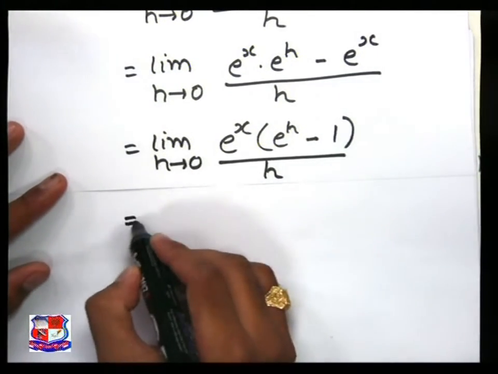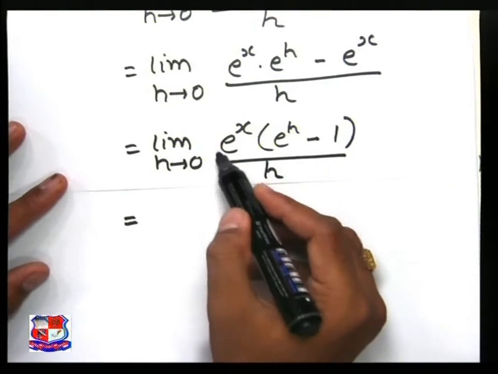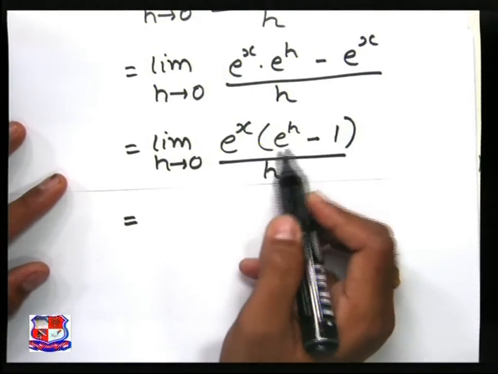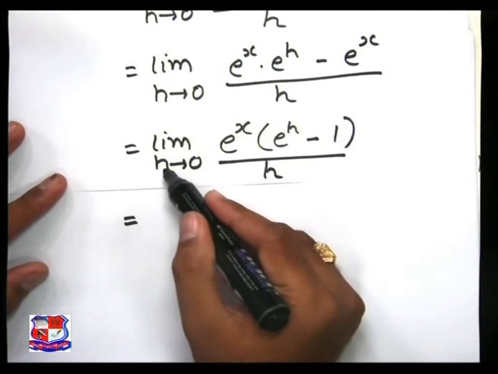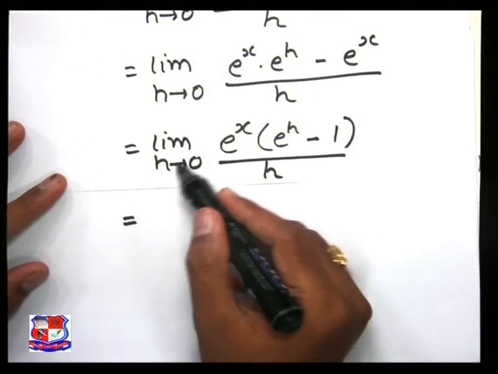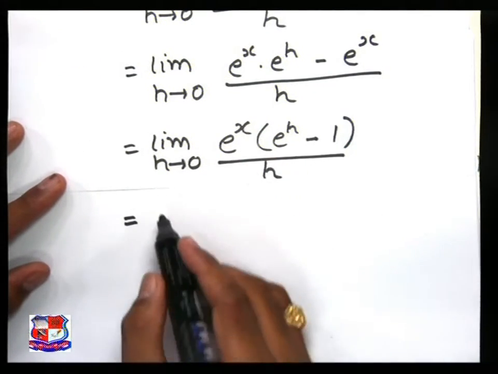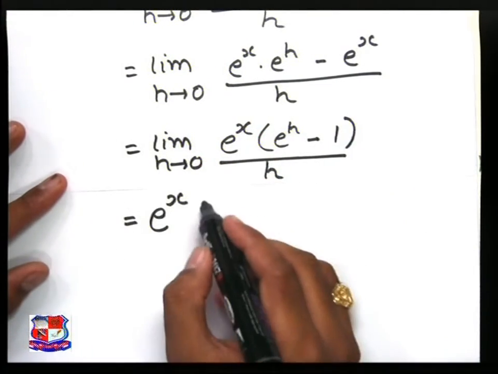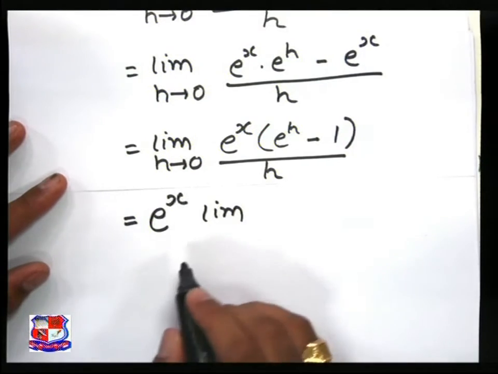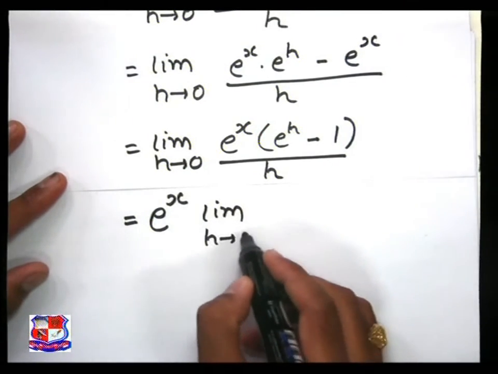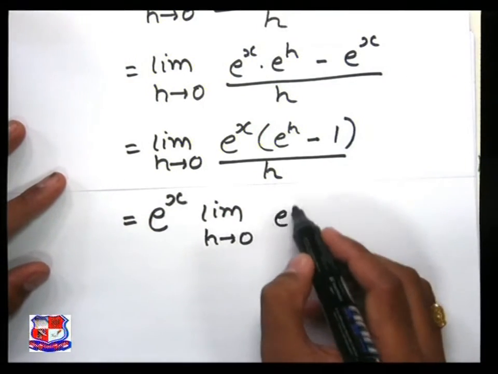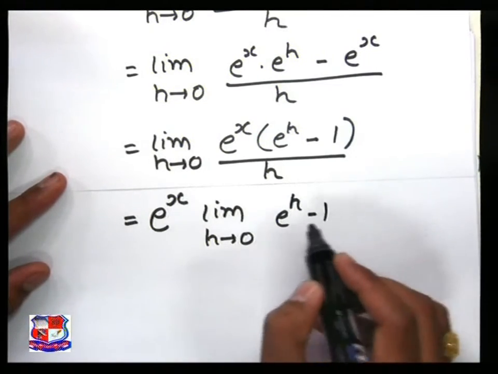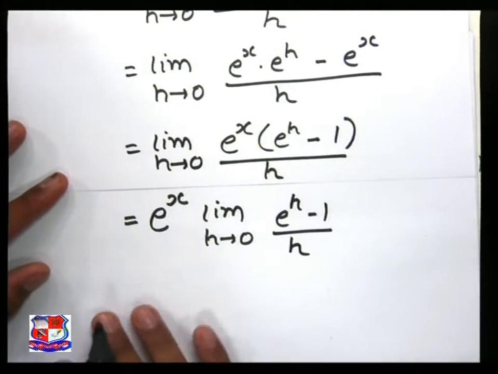Now e raised to x is common, so we want to take it outside the limit. So e raised to x, limit h tends to 0, e raised to h minus 1 upon h.